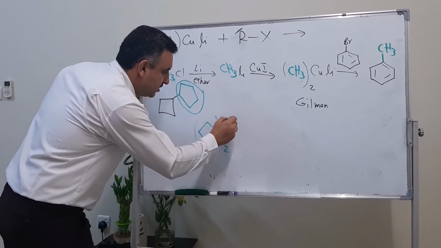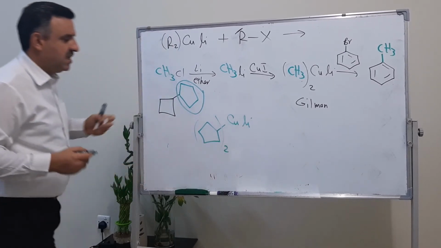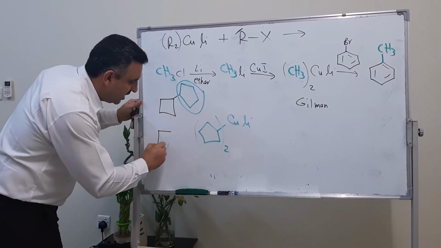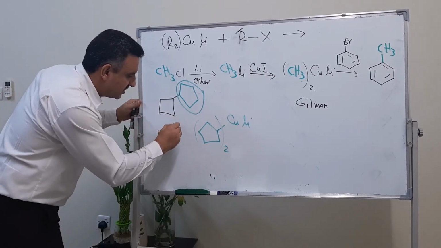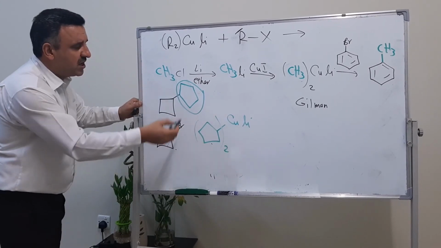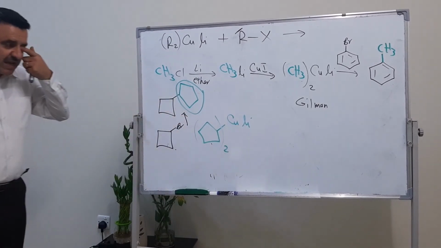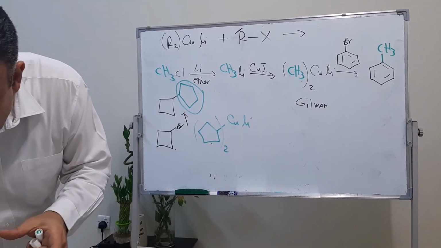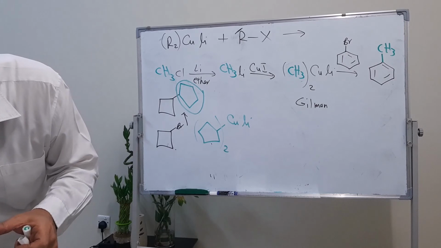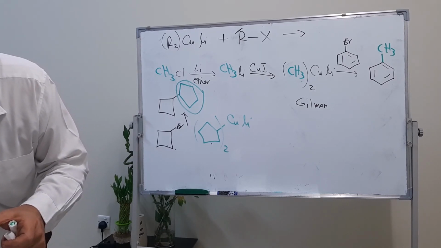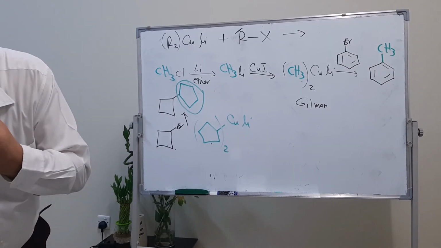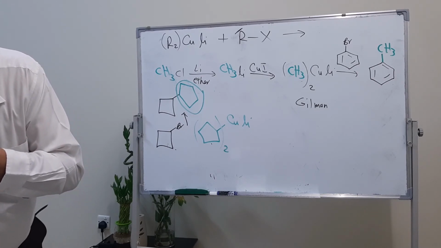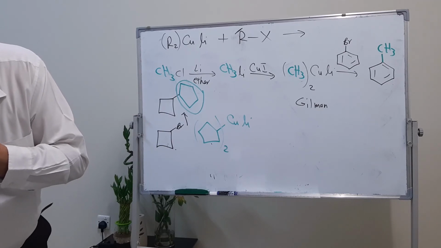When we prepare it with copper lithium and allow it to react with the corresponding alkyl halide, for example Br, if we mix these together, then definitely we are going to get that, isn't it? Is that true or not? Is there any question about it so far? I'm waiting for your response, guys.